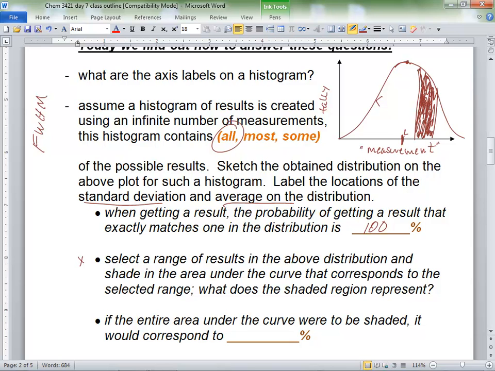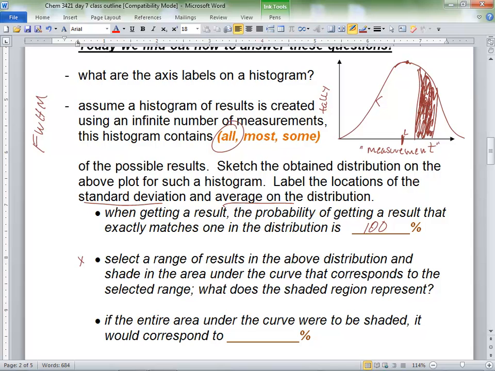What does the shaded region represent? It represents the probability of getting a measurement between what two measurements? Yeah, my borders.